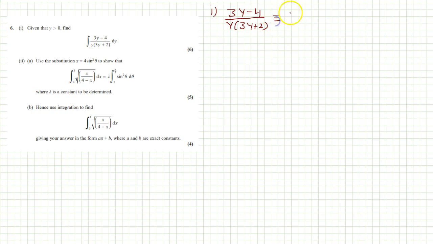So this is a partial fraction, so we are going to write A over y plus B over 3y plus 2. So this is 3y minus 4 is equal to 3y plus 2 multiplied by A plus B by.